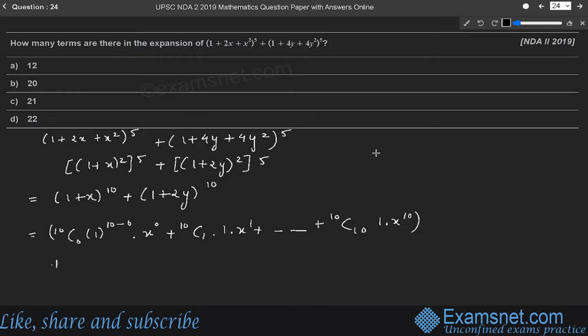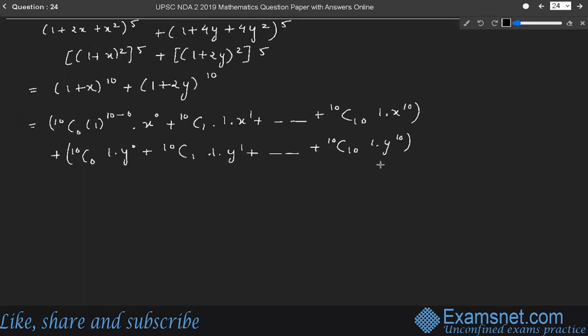plus 10C0 into 1 into y power 0 plus 10C1 into 1 into y power 1 plus so on up to 10C10 into 1 into y power 10.